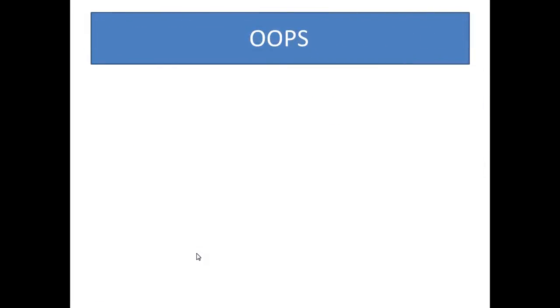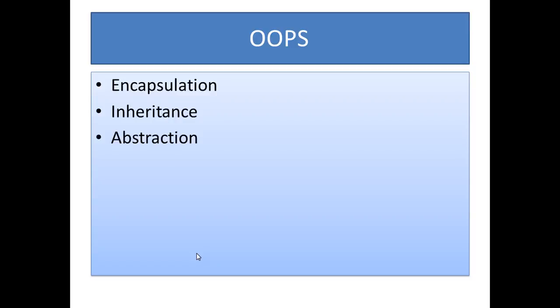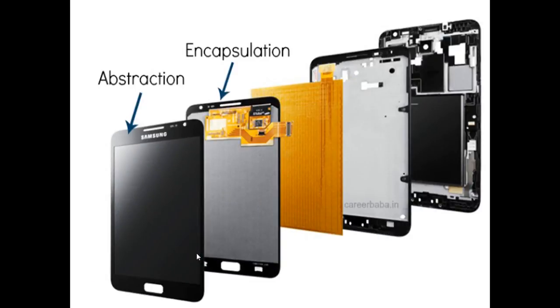Now let's start with the OOPs concepts. OOPs has very important features: encapsulation, second inheritance, abstraction and polymorphism. Encapsulation is a very important feature.